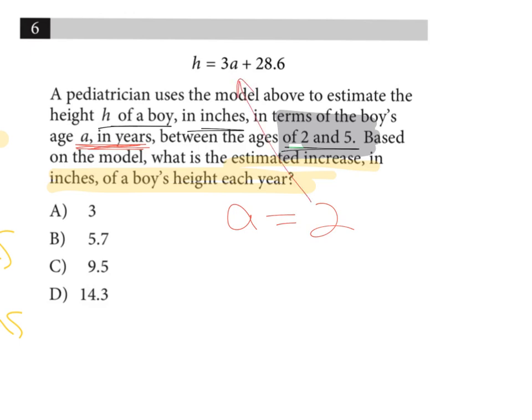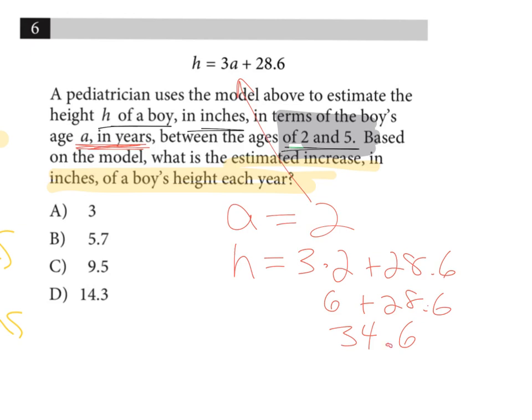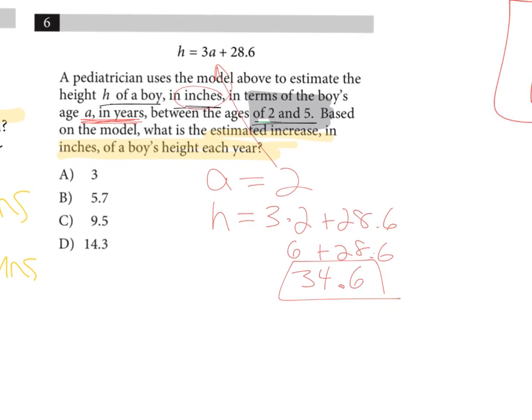If I plug 2 into the equation, the height is equal to 3 times A, 3 times 2, plus 28.6. And if you simplify that, a 2-year-old boy's height is 34.6 inches. So when the boy's age is 2, he's 34.6 inches.